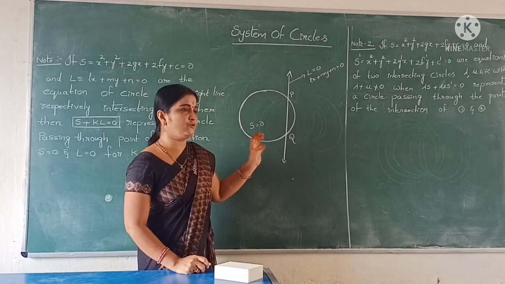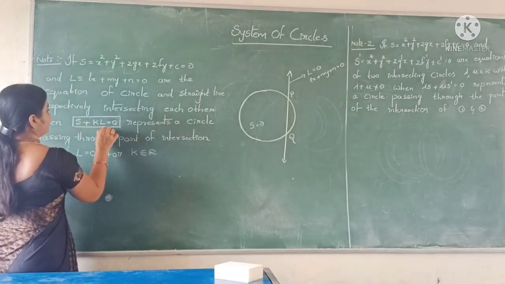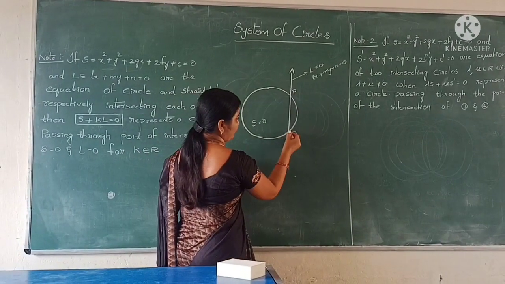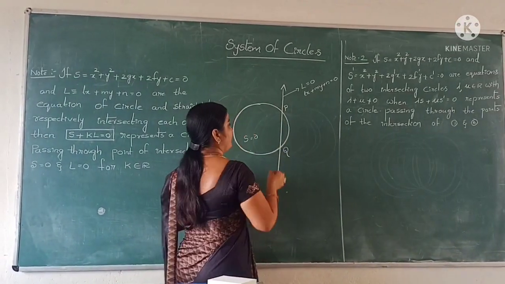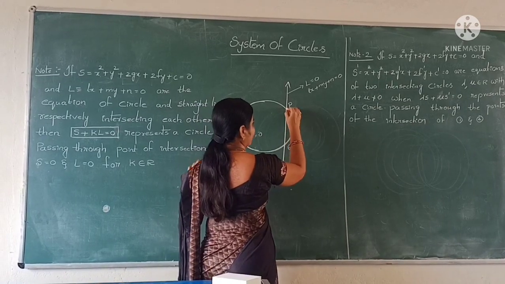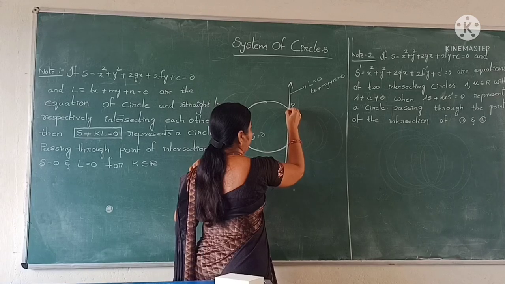Here we have to observe one concept: these are the points of intersection of this circle and line. We can draw many circles, infinitely many circles, by using this point of intersection. How do I have to draw?